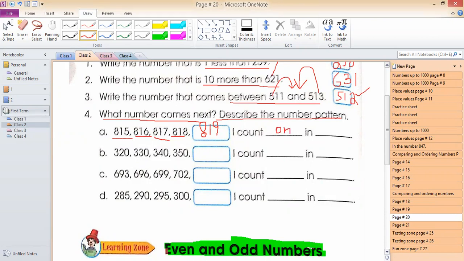The second part is you have to identify the pattern. In this pattern, I count on in dash. Count on in dash: ones, twos, fours, fives, tens, 100. What are you counting on in? Muhammad Talha, very good. Abdul Muid, very good. Identify the pattern and tell me what to write. I count on in. Very good, Yusuf.